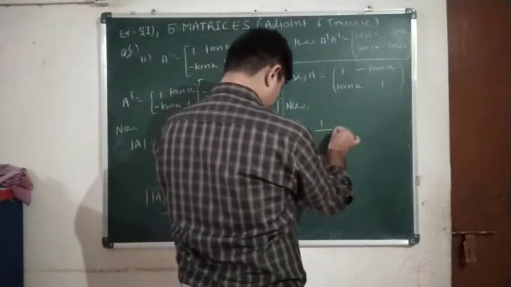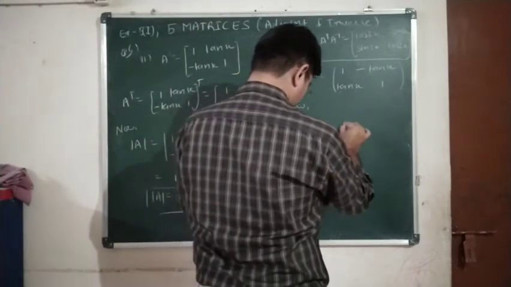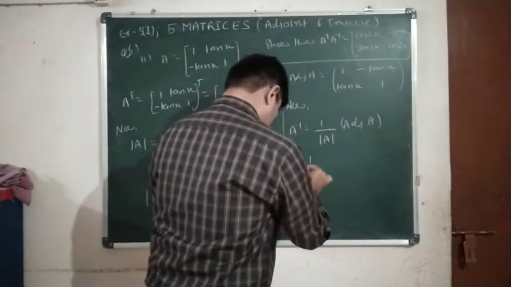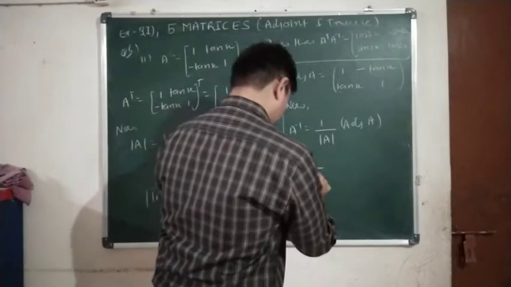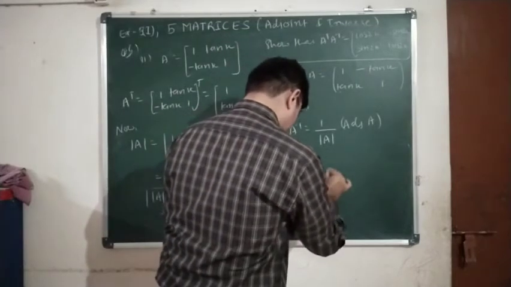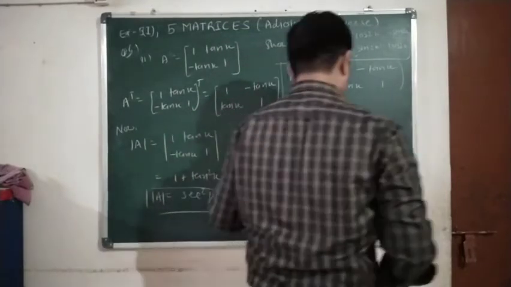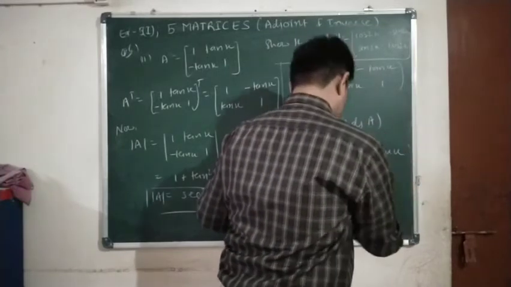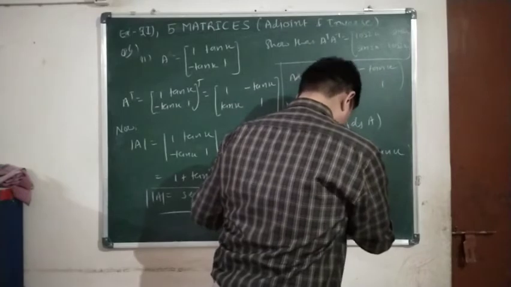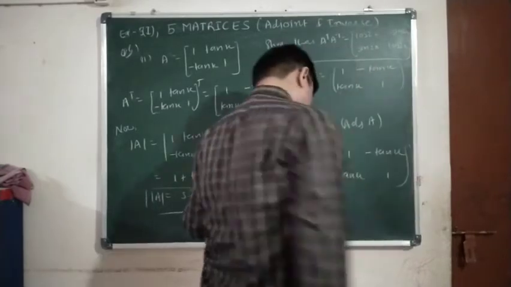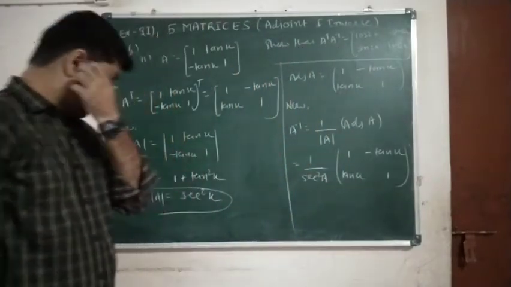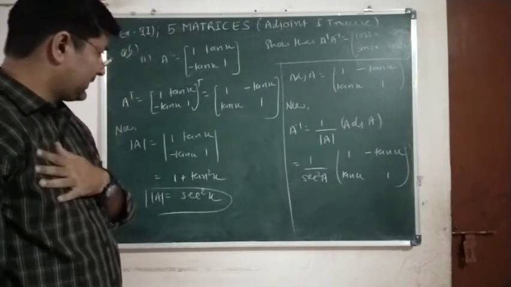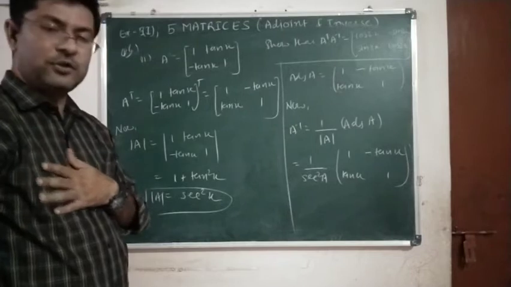A inverse is equal to 1 upon determinant of A into adjoint of A. 1 upon determinant of A, that is sec square x, into adjoint, which is [[1, -tan x], [tan x, 1]]. Okay, if you divide by sec square x, or even if you can keep it, it is not a problem.